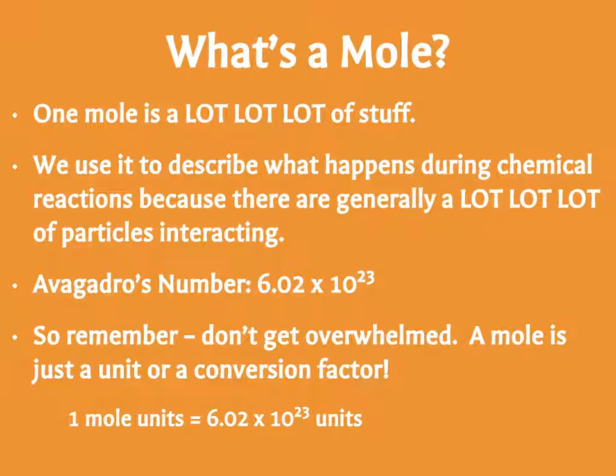So we use the term mole to put it in numbers that we can imagine when we talk about what's happening in lab. So don't get overwhelmed. A mole is just like a dozen, and as long as you can get this number, 6.02 times 10 to the 23rd, somewhere in your brain, you're going to be easy peasy for this unit.